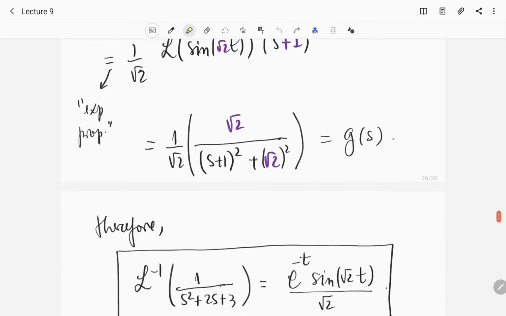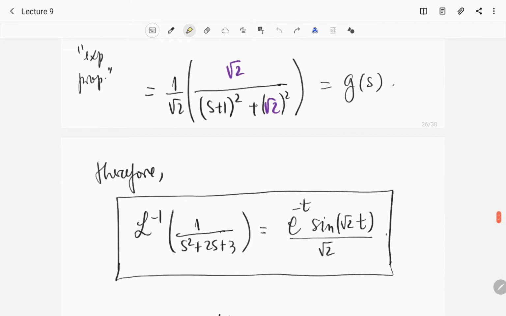So finally, the inverse Laplace transform of our function g is equal to the exponential to the power minus t times sine of square root of 2 times t over square root of 2.